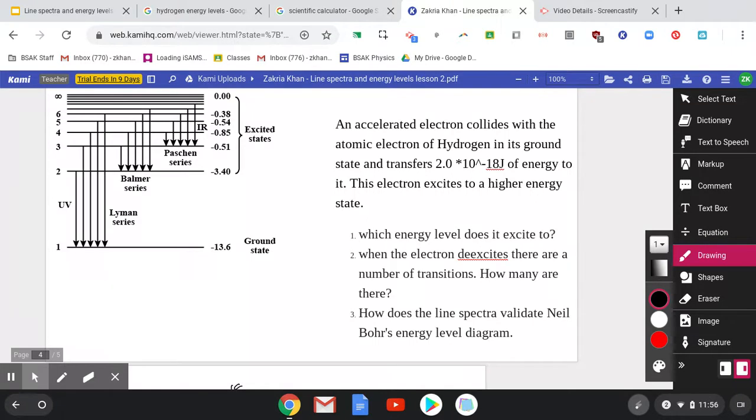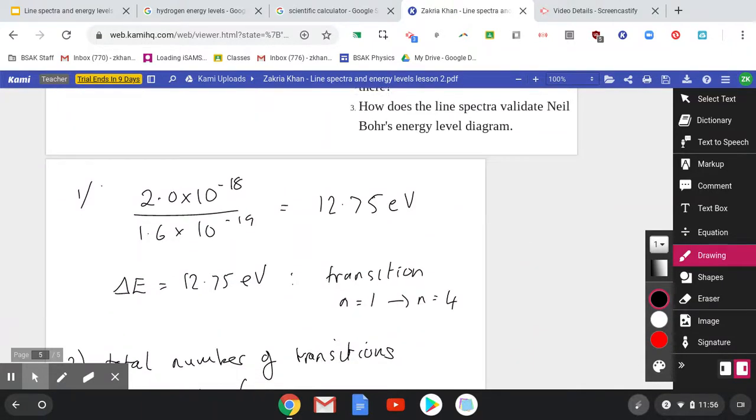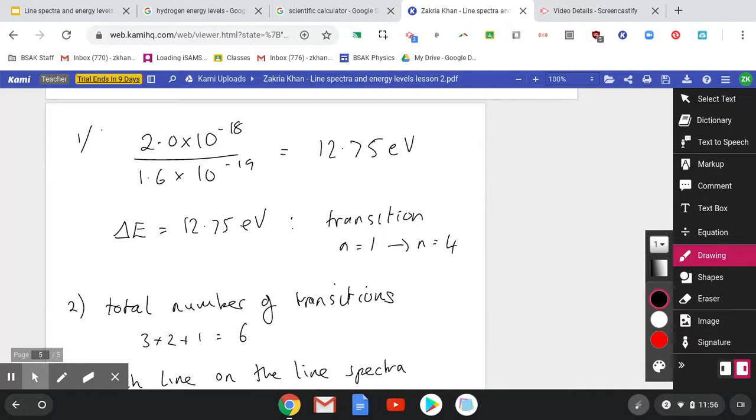In addition to that, when the electron jumps to, let's say, n equals 3, it could then jump to n equals 2, then n equals 1. Or it could jump from n equals 3 straight to n equals 1. And when we look at all the possibilities that the electron could transition through, we see that we have 6 possible transitions.